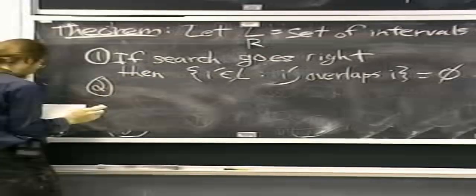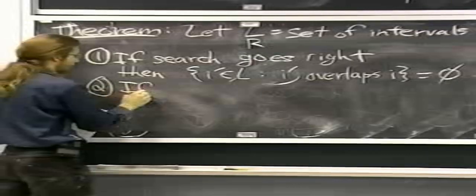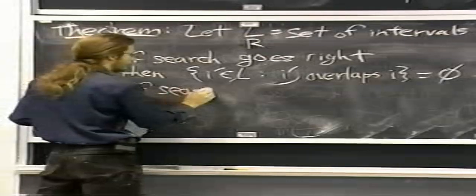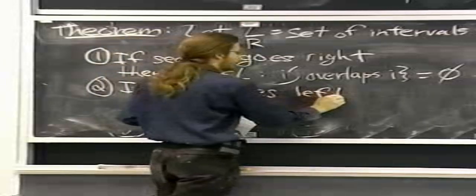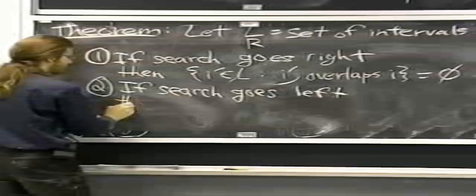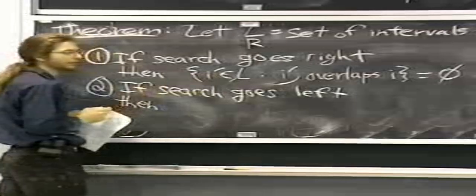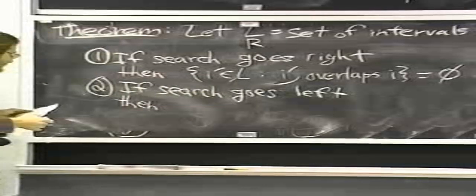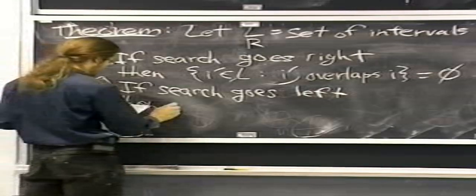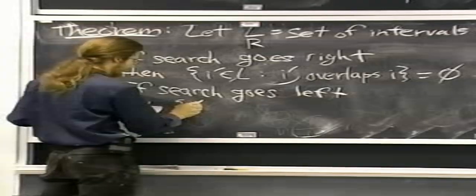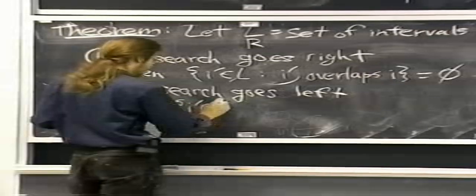The second case is a little more complicated. So suppose the search goes left. I can't say that there was no one interesting in the right. I won't show an example of that. But I can claim something about safety.